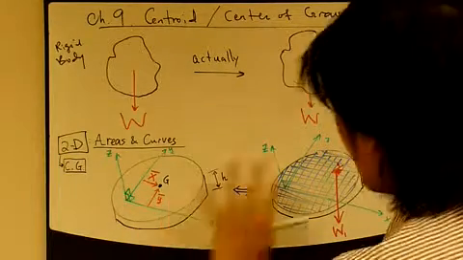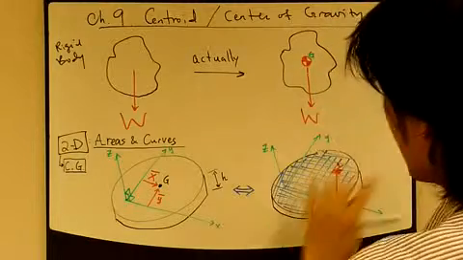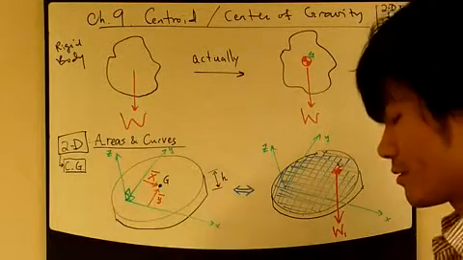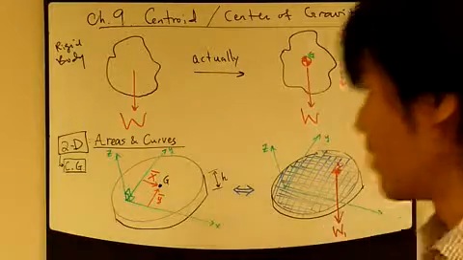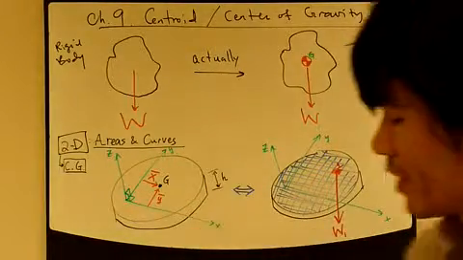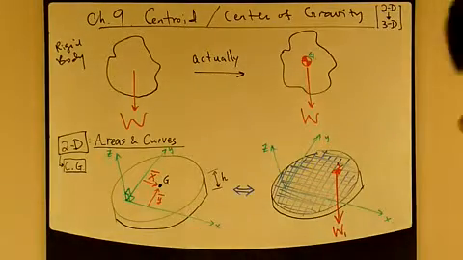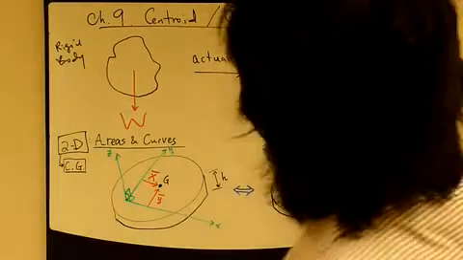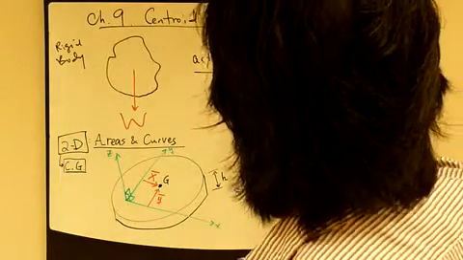So the sum of the weights of all these elements will become the total weight of this rigid body as a whole. So I can very quickly then write down the equation for the weight.